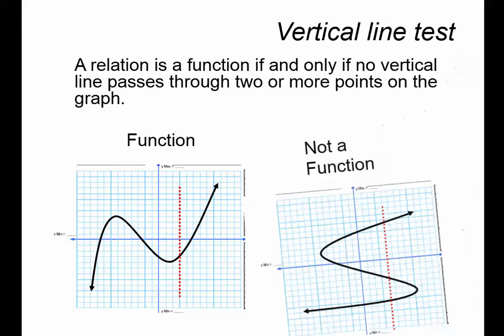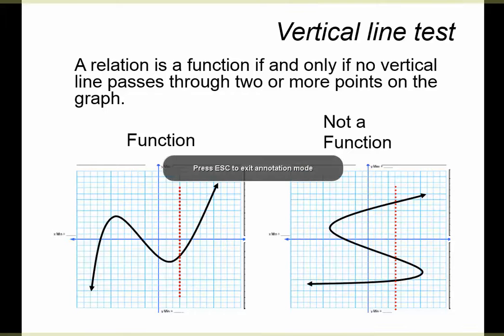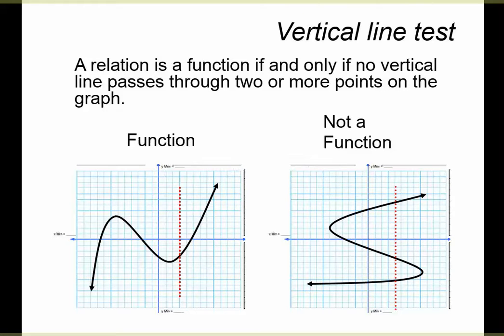Okay, contrast that with this guy. This guy's not a function. One of the ways I know that he's not a function is because he fails the vertical line test. The guy on the left passes it, but the guy on the right definitely fails it. And let's talk about why. With the first guy, for this vertical line, there was only one point of intersection.